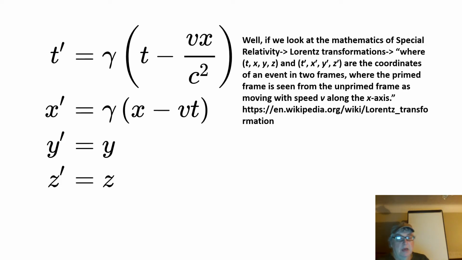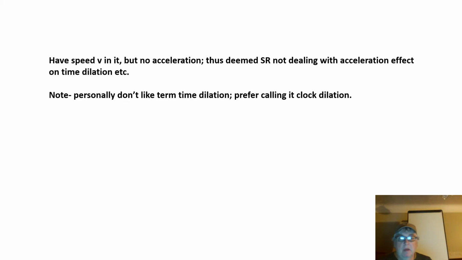You note here that you have a speed v in there and there's no acceleration term, it's only just speed v. Thus, special relativity is not deemed as dealing with acceleration effect on time dilation. I'd like to make a note that personally I don't like the term time dilation. I prefer calling it clock dilation.